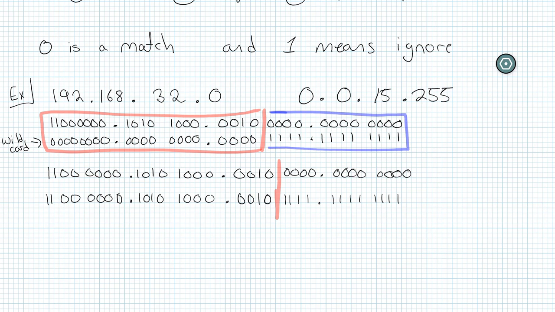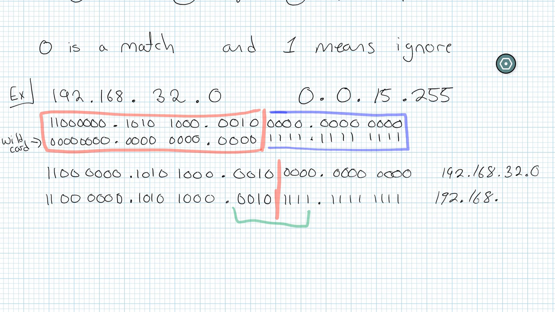So what we get here is from 192.168.32.0 to 192.168. And now we need to calculate this maximum value.